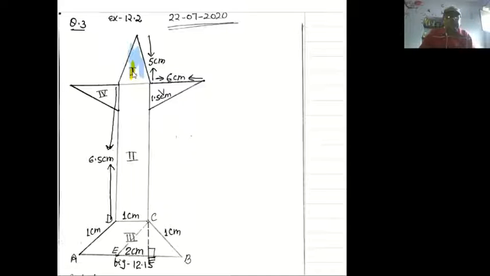Now the second part is a rectangle. You know that the area of a rectangle is length into breadth.